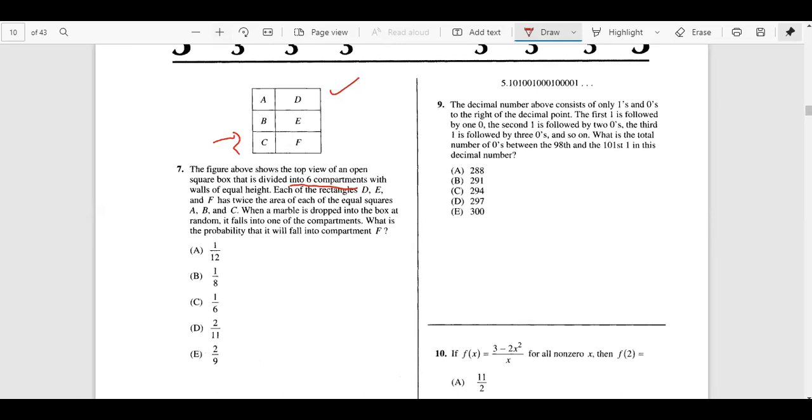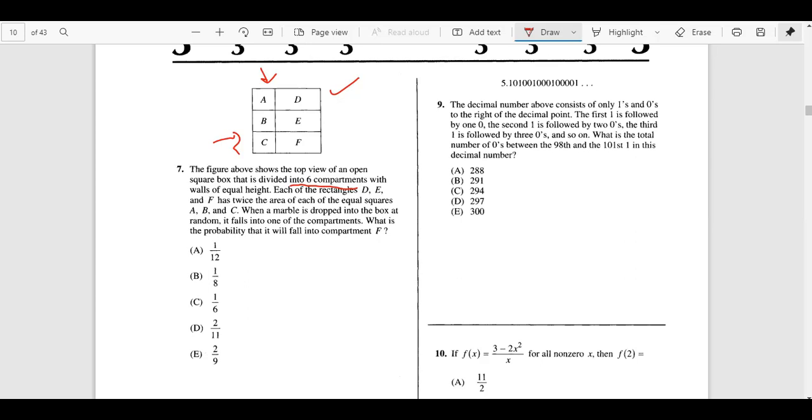Yes. Okay. So basically, the figure above shows the top view of an open square box. This is the box they're talking about, and it is divided into 6 compartments. We can see that as well: A, B, C, D, E, F. We have 6 sections with walls of equal height.